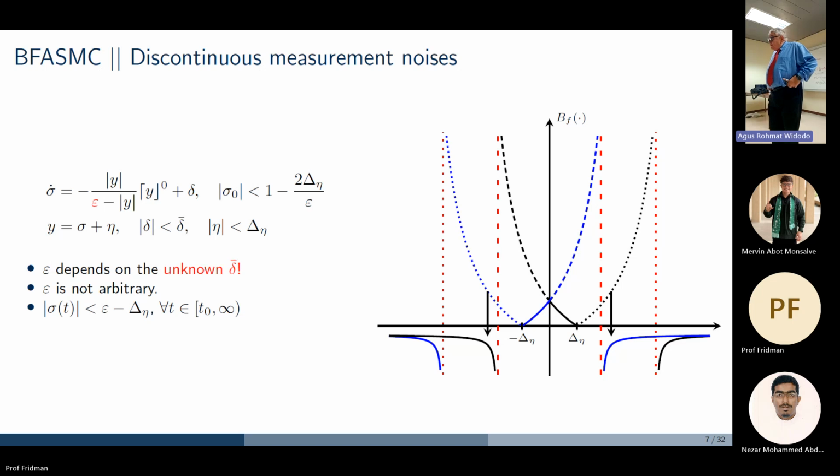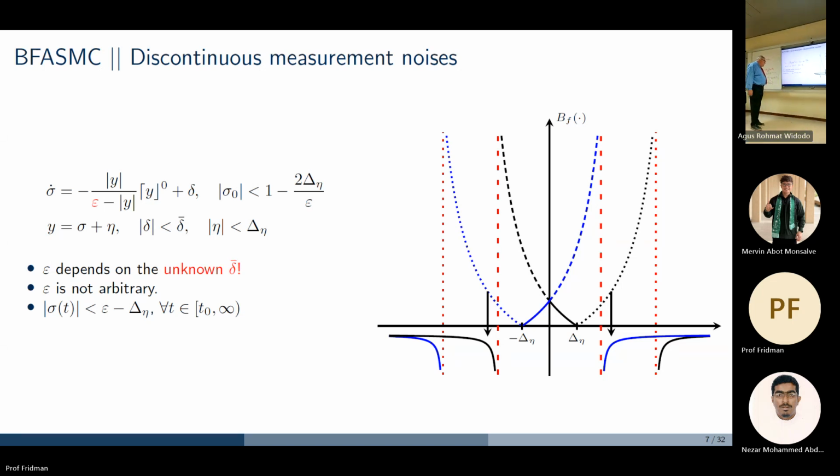But if the noise is continuous, what happens with the barrier? The barrier slows down, but you will not lose. But you need to have certain relations between the size of the barrier and the size of the noise.